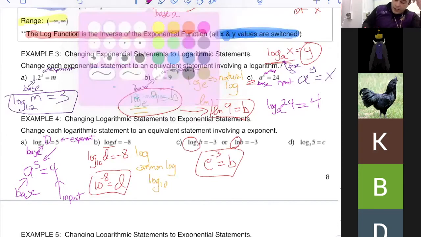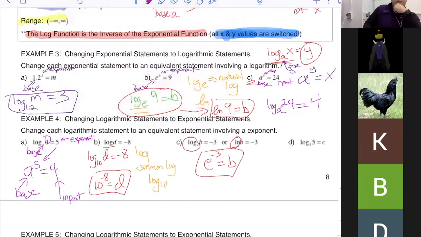All right, try D on your own. So take about 15 seconds and change it from logarithmic form to exponential form. Okay.